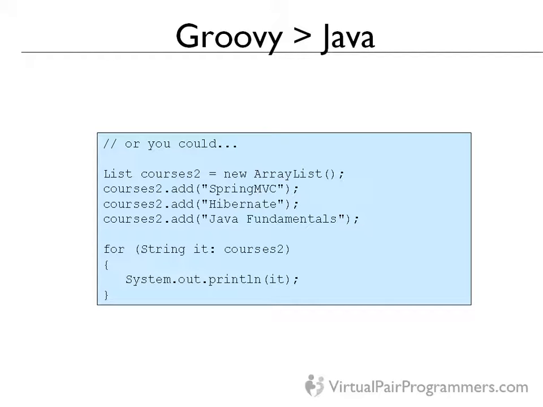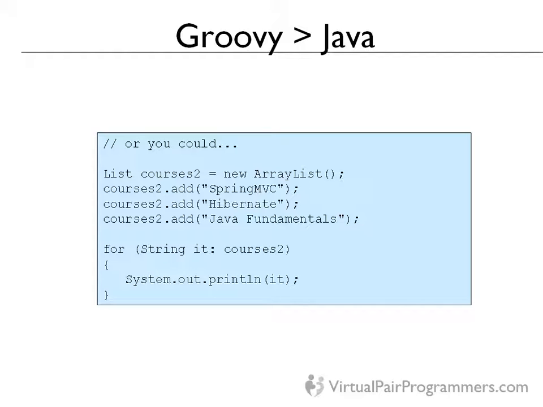It does exactly the same job as my previous caption. I'm declaring an array list, I'm adding in 3 strings, and then I'm looping around that list to output each element in turn. It's the same code, well, apart from the names of the courses that I've added, it's the same code as the previous caption.